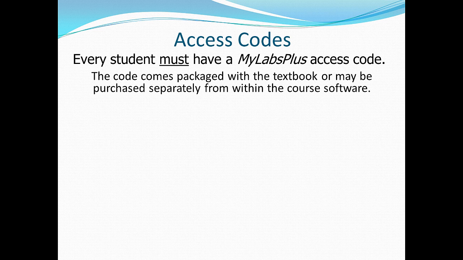So if you go in and buy the book, the access code will be there. It is possible to get into the software, go online, and buy the access code without buying the textbook. But the fact of the matter is there's not a whole lot of difference in price. So you're basically paying for the access code, and the book is thrown in for just a small amount extra.